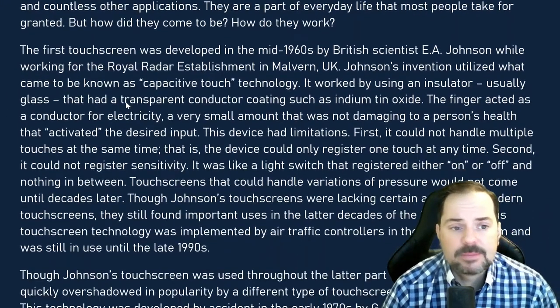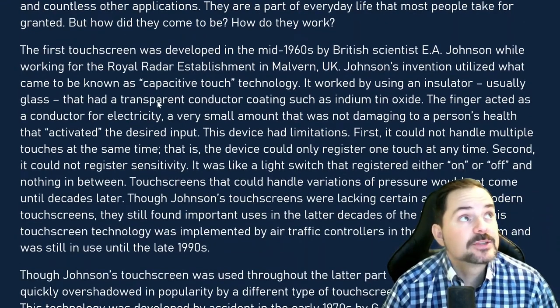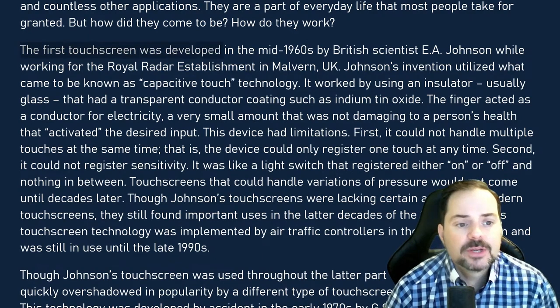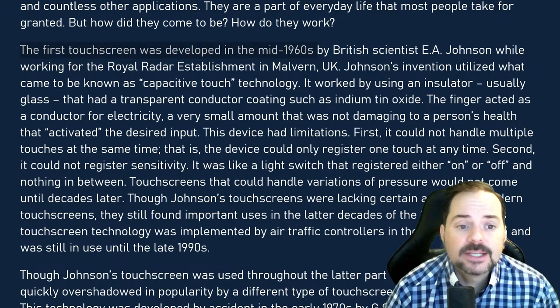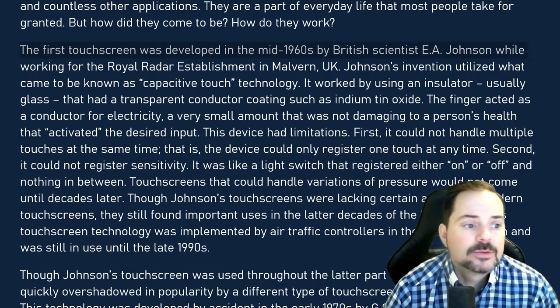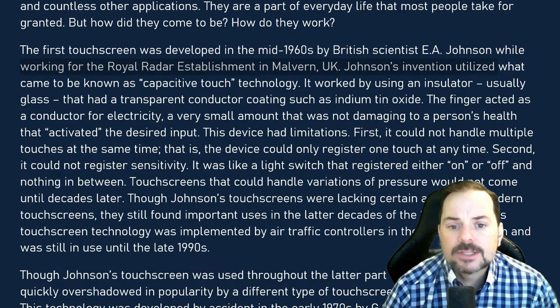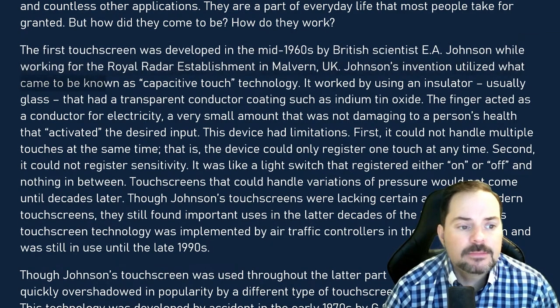Read with me, everybody. So follow with my pace, okay? Here we go. The first touchscreen was developed in the mid-1960s by British scientist A.E. Johnson while working for the Royal Radar Establishment in Malvern, UK. Johnson's invention utilized what came to be known as capacitive touch technology.